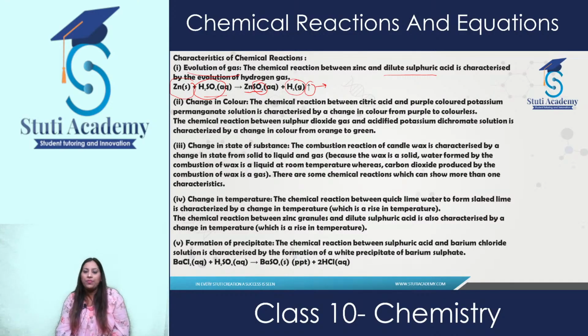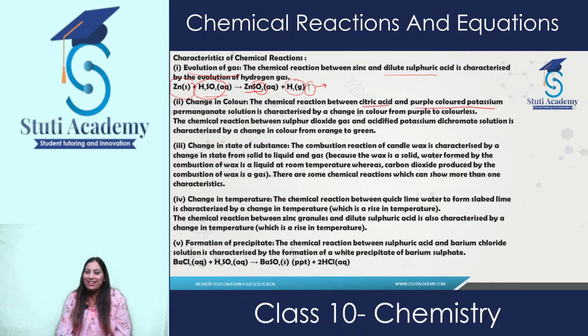Here is an example, a reaction between citric acid and purple colored potassium permanganate solution. The color of potassium permanganate is purple, and when you add some acid into it, the color disappears. It becomes colorless.